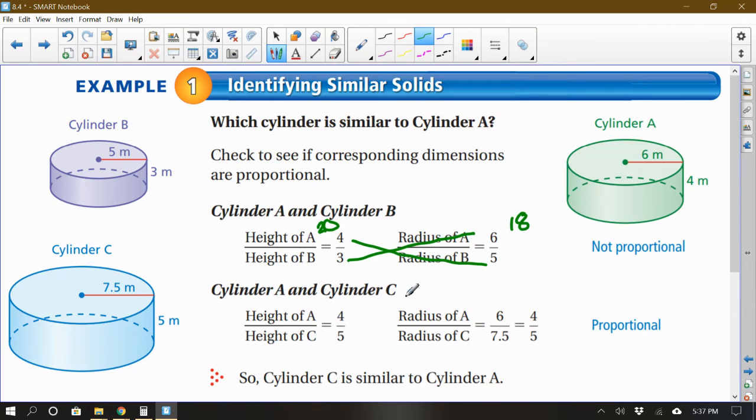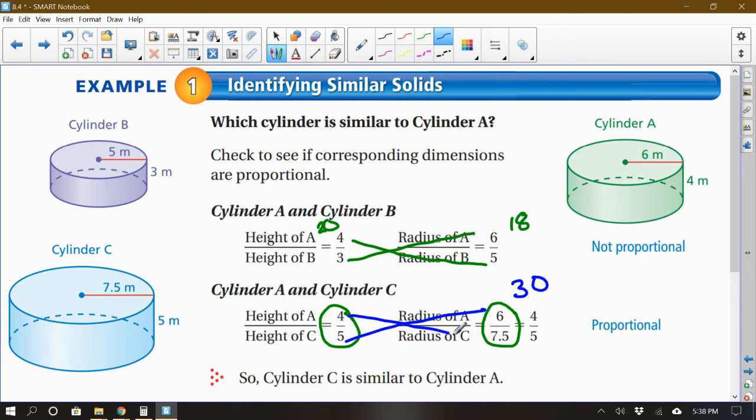Let's try A and C. Again, the height of A is 4. The height of C is 5. So we have our first ratio of 4 over 5. The radius of A is 6, and the radius of C is 7.5. Now, that's a little more intimidating of a fraction, but it's not too hard to do our cross products again. So once again, we go 5 times 6. Well, 5 times 6 is 30.